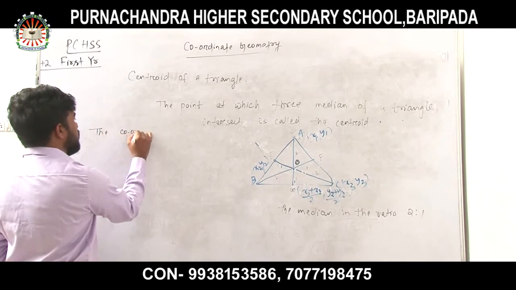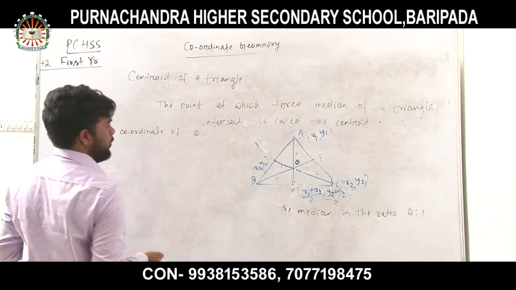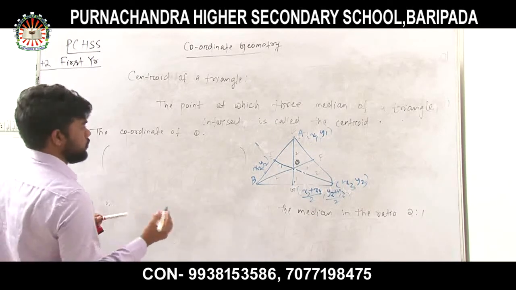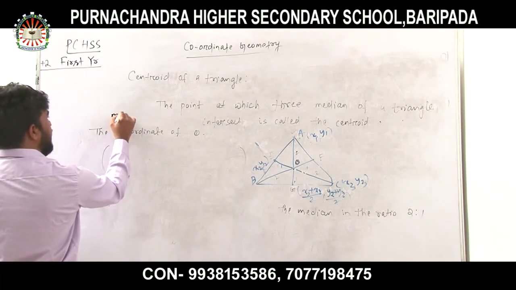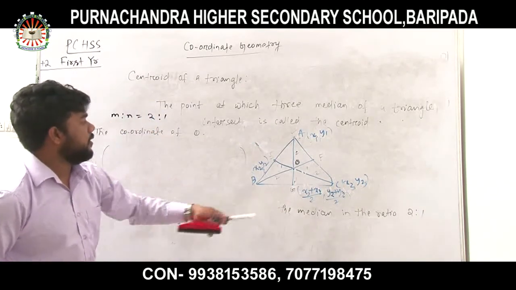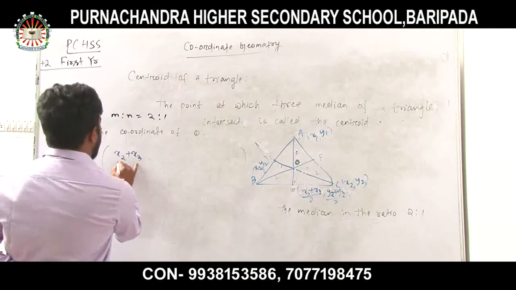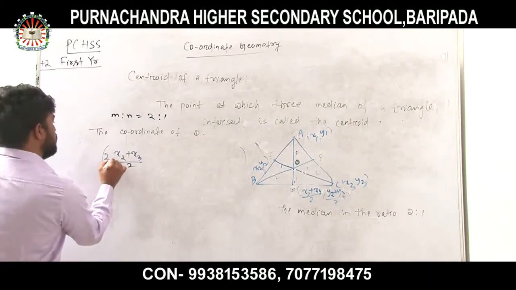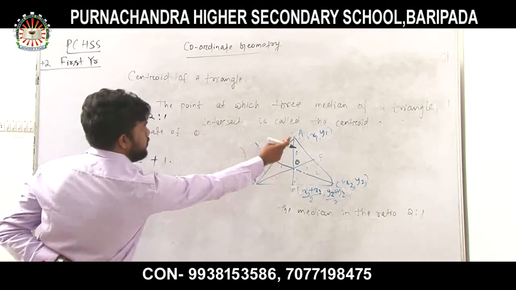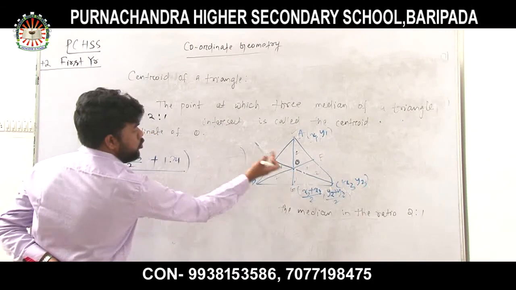The coordinates of the centroid O are found by the internal division formula with ratio m:n equal to 2:1. Both coordinates are given. The x coordinate is 2 into (x2 plus x3 by 2) plus 1 into x1, by m plus n, which is 2 plus 1.